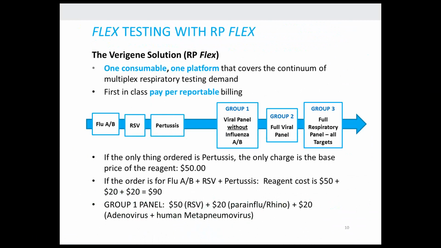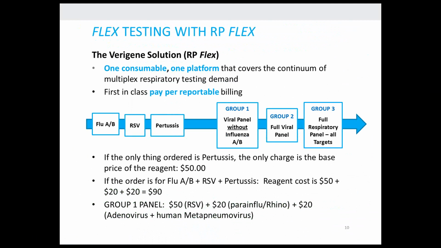This slide's a little bit busy, but maybe you can get some information from it. So the VERIGENE RP Flex offers one consumable and is one platform. It goes on the Nanosphere instrument, and then this covers that whole multiplex respiratory testing. And if we look, this is the first company to offer this pay for reportable billing, which we felt was a real plus.